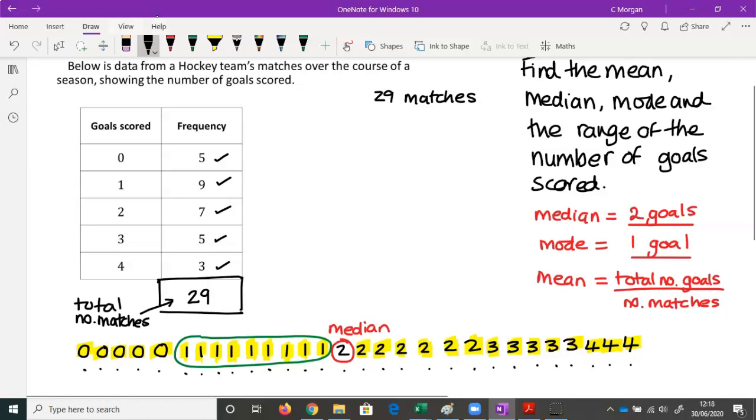If I were to add up all of those numbers in my list, that would give me the total number of goals. But there's an easy way to do this.